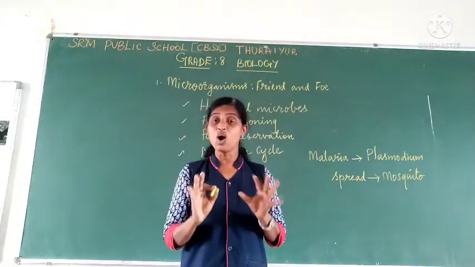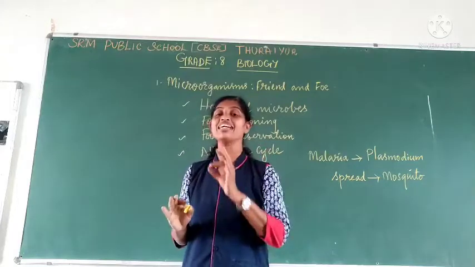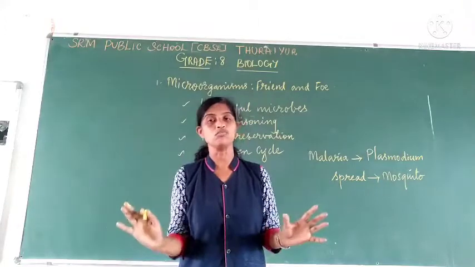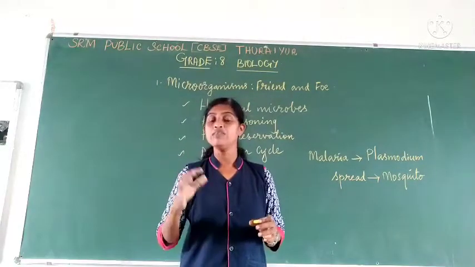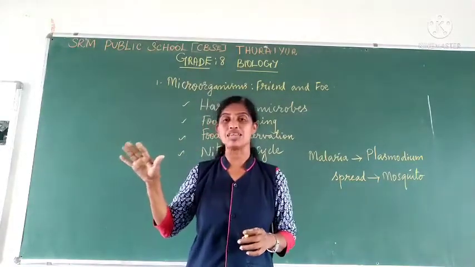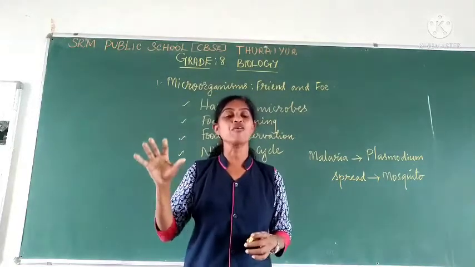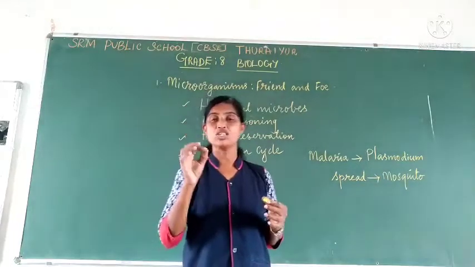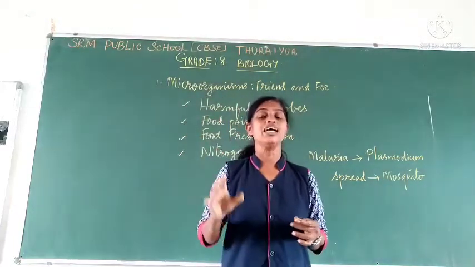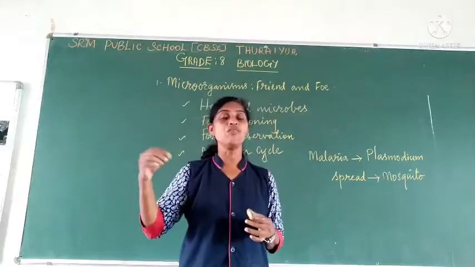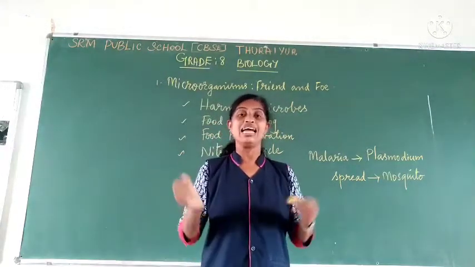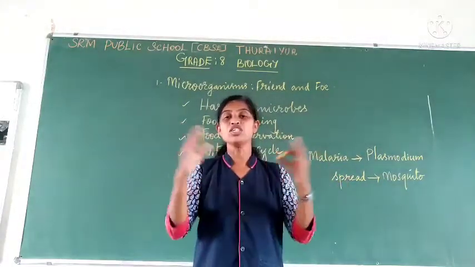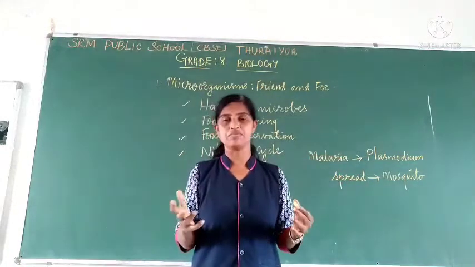And then avoid letting water stagnate around our places or around our area, right, home, right? See, if water is getting stagnated, there are chances for mosquitoes to breed in it, understand? Because we know that mosquitoes lay eggs in water, and the larva will develop in the water, and then the young mosquitoes come out from the water.